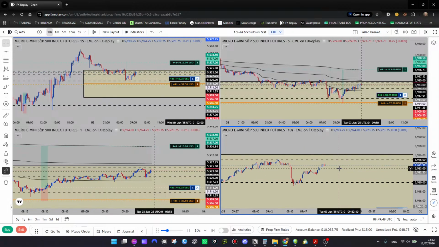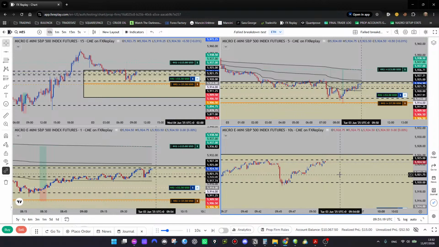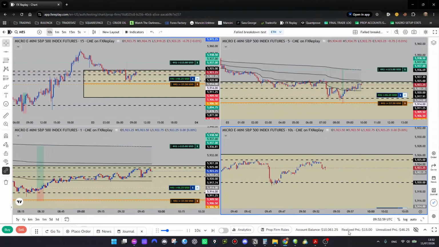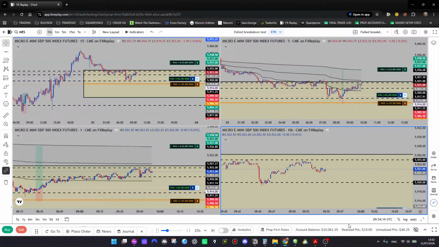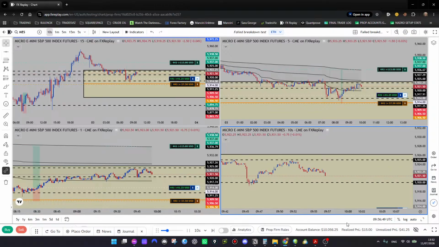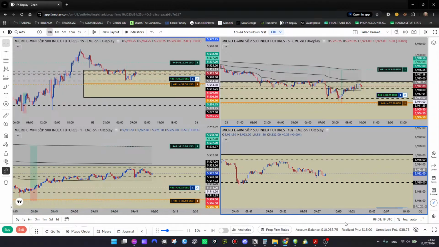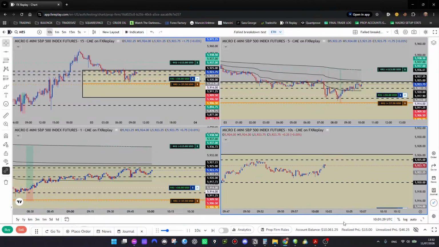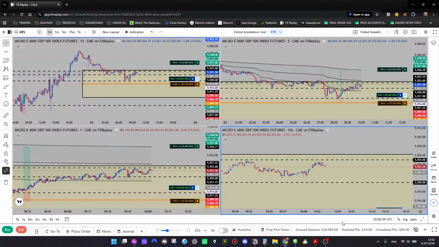I'm not sure if we took it now or not. Yeah, we took TP1. We're still trying to break above the previous day high. It is quite strong.